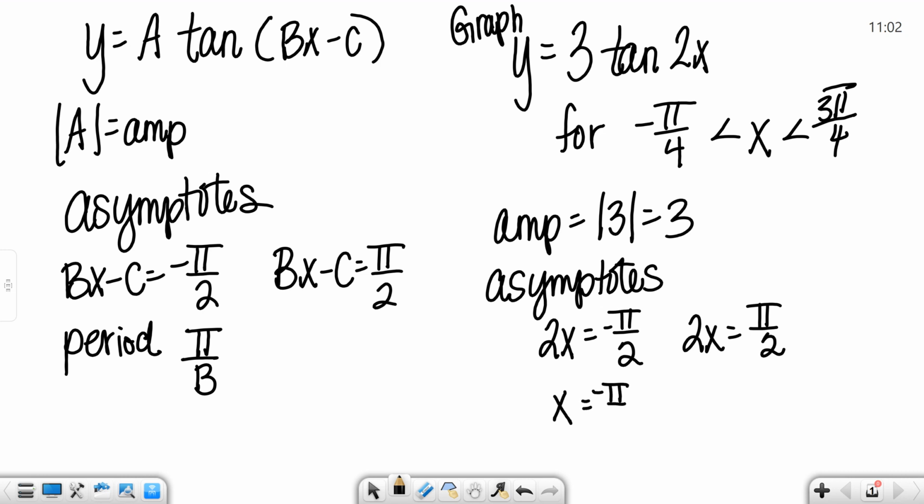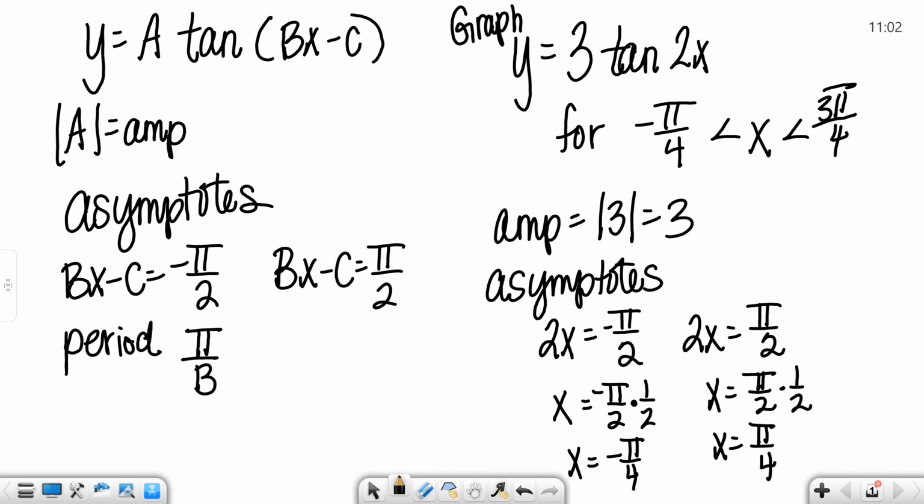So negative pi over 2 divided by 2 is the same thing as times a half. So our first asymptote will be at negative pi over 4. To move this 2 away from x, I multiply by 1/2. So pi over 2 times a half is x equals pi over 4. So these are asymptotes at negative pi over 4 and pi over 4.